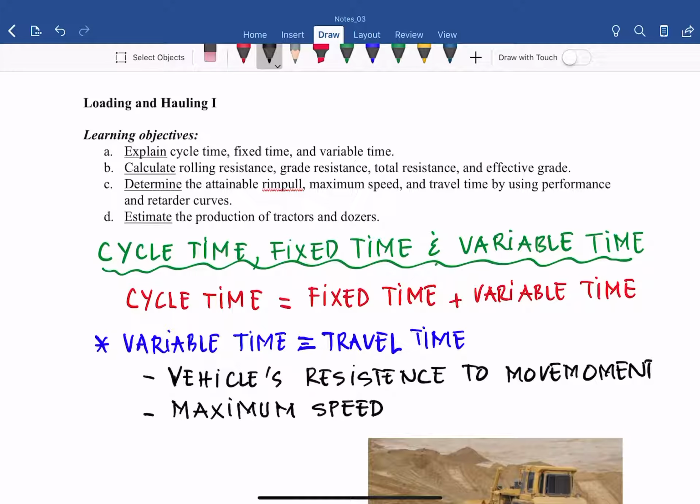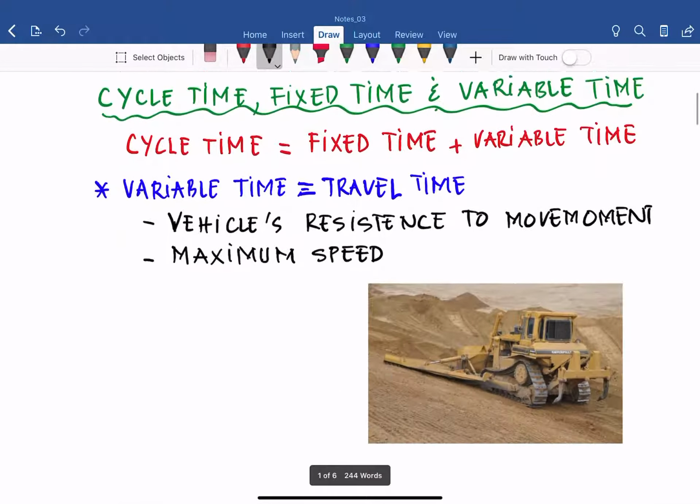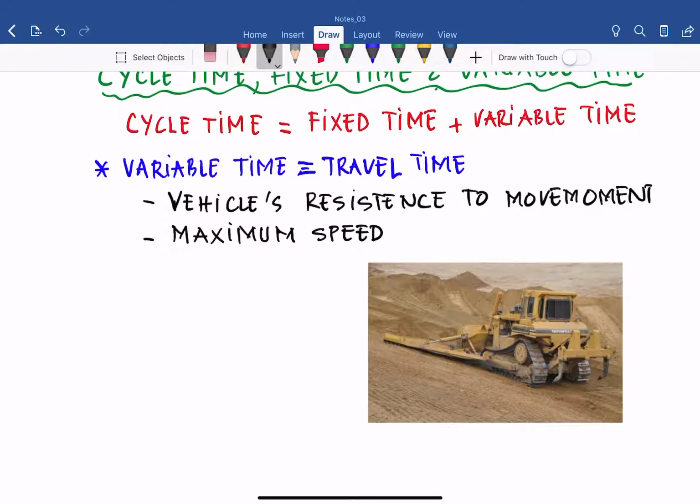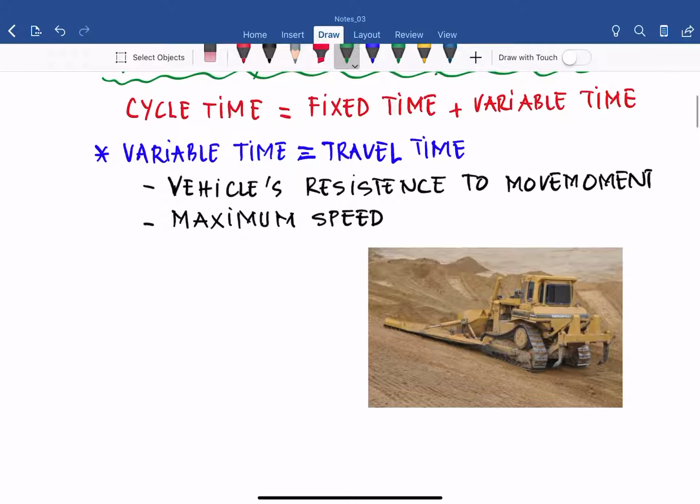From that, what is the resistance we are talking about here? The next topic we want to investigate is the resistance and rolling resistance.